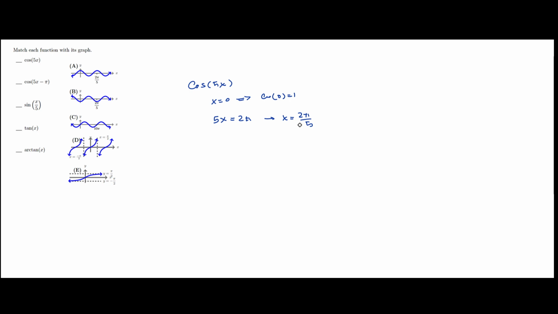And so I start, and there's no negative sign in here, so I'm assuming starting at 1 for 0, and basically it goes down, it comes back up, and that's a maximum, so I have to add 0 plus 2 pi fifths, and again it repeats.